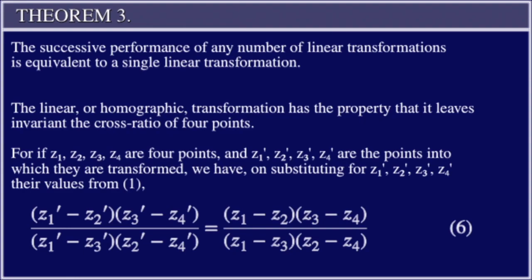The linear or homographic transformation has the property that it leaves invariant the cross ratio of 4 points.